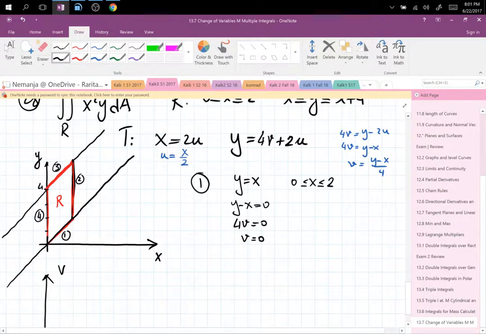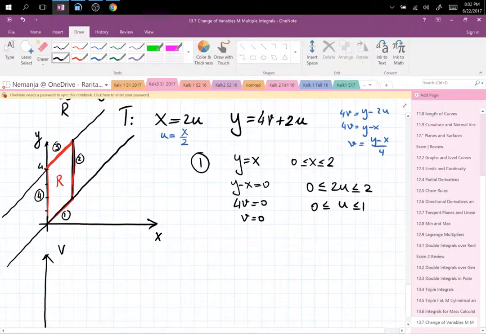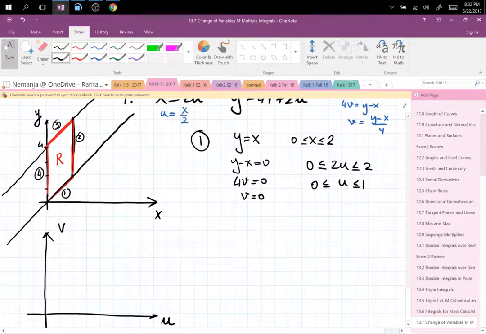And over here, I have 0 less than x, which is 2u, so 0 less than u less than 1. So I will go on u from 0 to 1, and v will always be 0. 0 to 1 is just a flat line. That's line number 1 transformed.